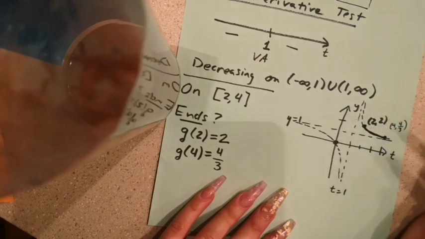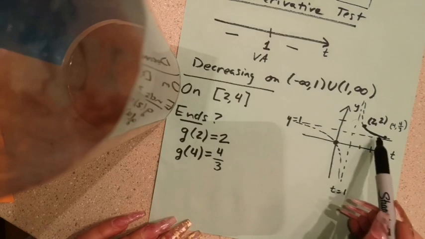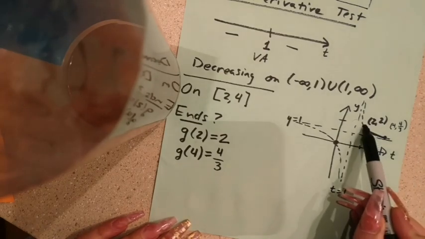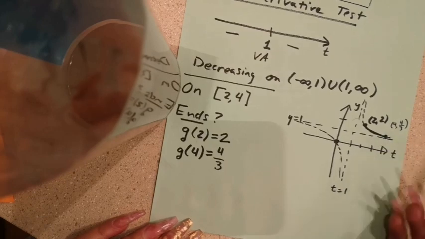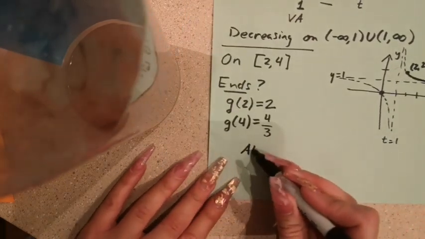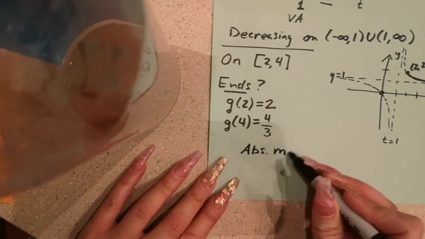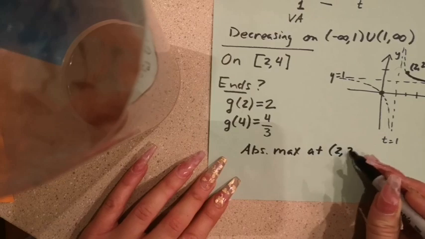So I can tell you then, based on my analysis, I can see my absolute max and my absolute min. So let me just write them out then. I'd have an absolute max at 2, 2, right?